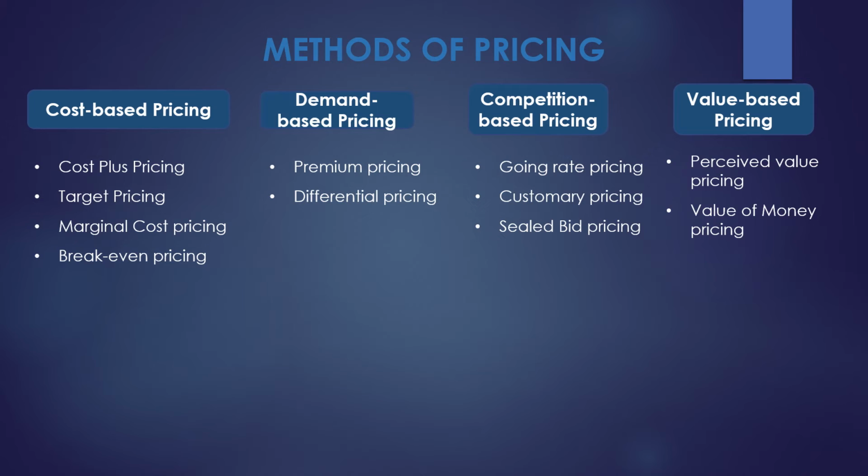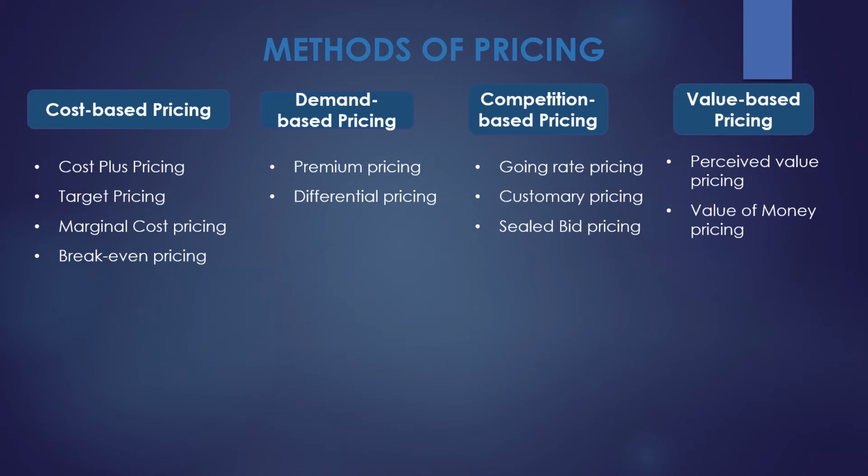For example, the company is producing 100 units. What is the cost incurred to produce the 101st unit? That is the marginal cost. Based on that marginal cost, price is set.